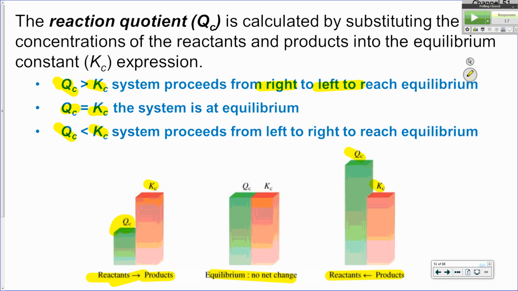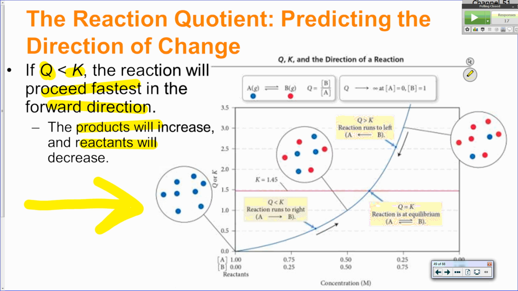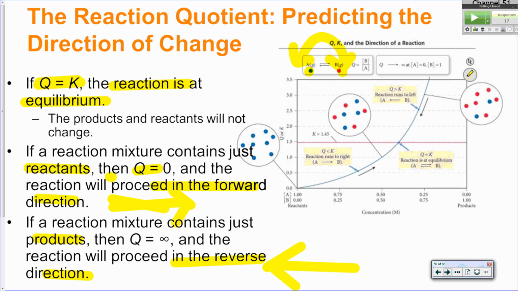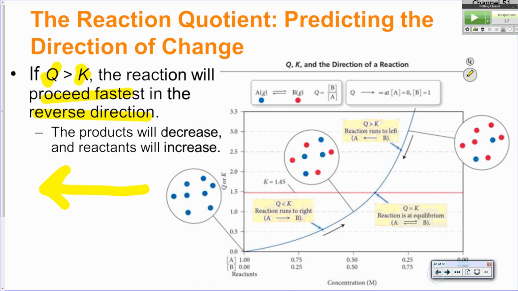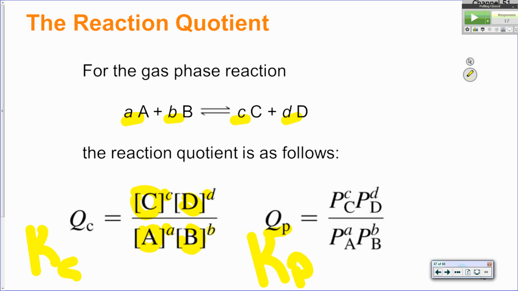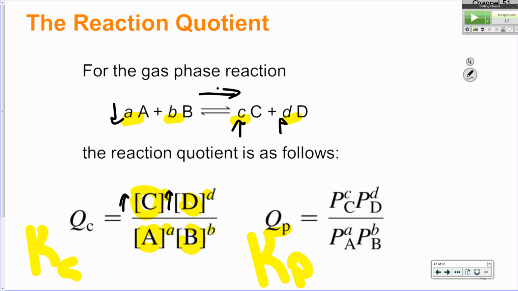So if we think about what it's doing to go forwards, if Q is less than K as written, and it needs to go in the forward direction, what it's going to do is increase these concentrations. So these components are going to be going up, and these components are going to go down.